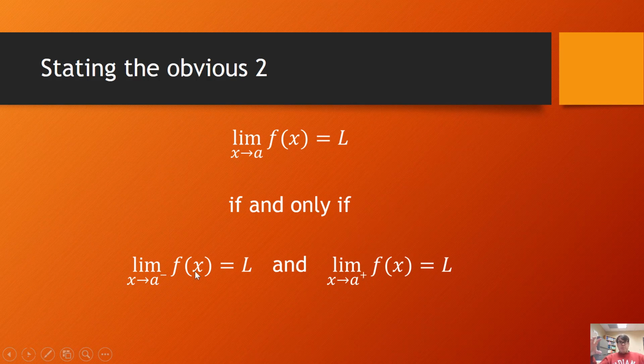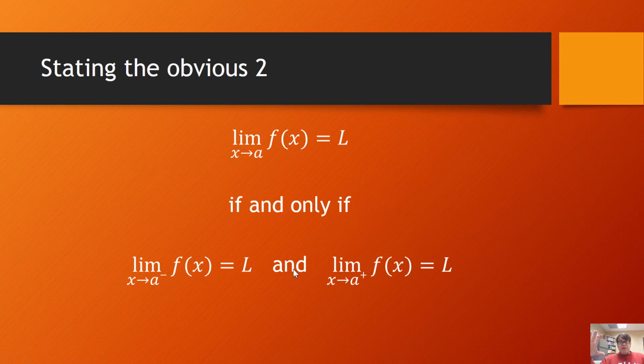If as you come from both sides you converge upon the same point, then the limit as x approaches a of f of x equals L if and only if it approaches L from the left and it approaches L from the right. Okay, this is actually leading us toward the Squeeze Theorem.